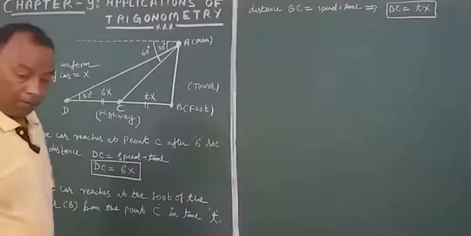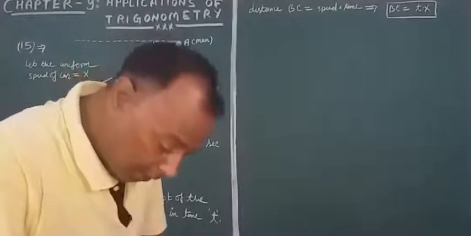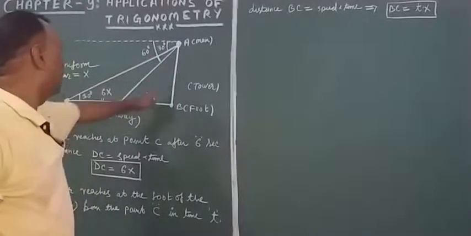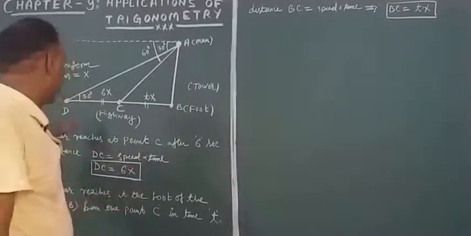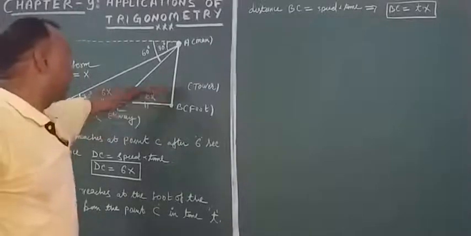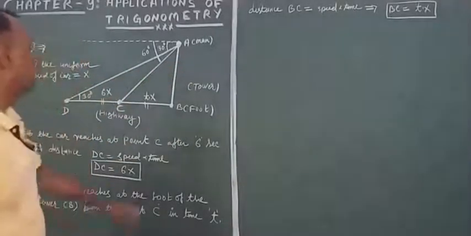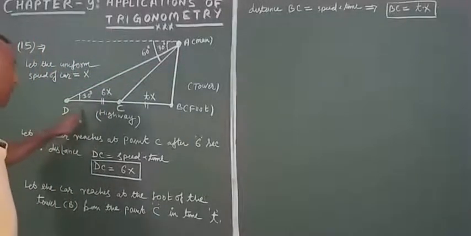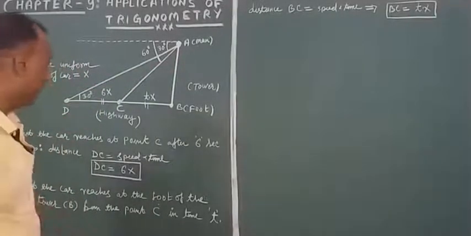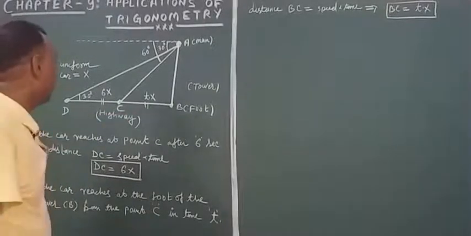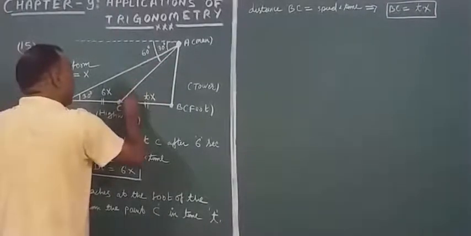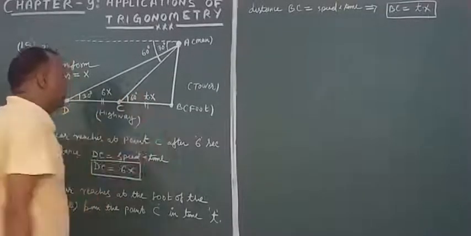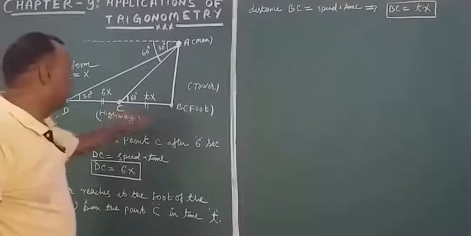Now again just look at the question. This highway leads to the foot of the tower. A man is standing at the point A. He observed that the angle of depression of a car is 30 degree, and after 6 seconds this angle of depression becomes how much? 60 degree. The question is this, find the time taken from C to B.